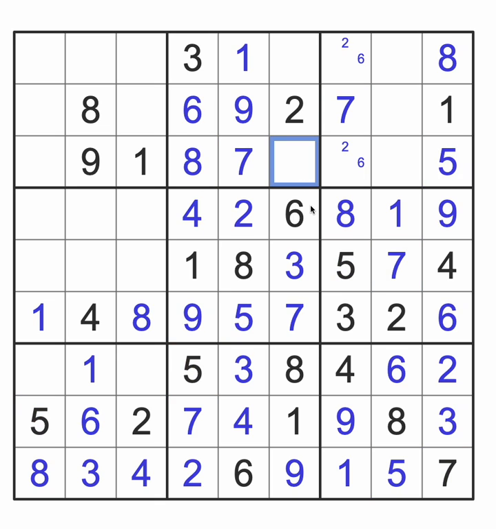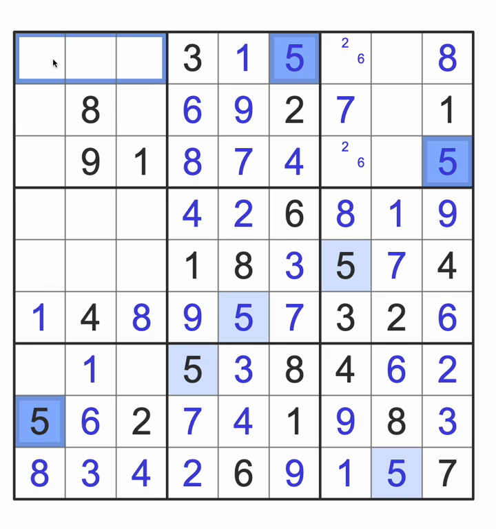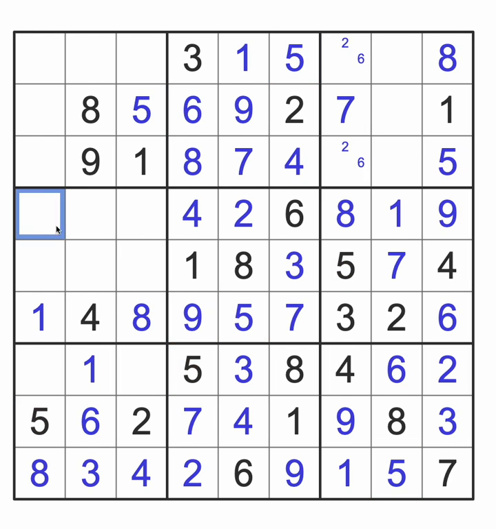And these are 4 and 5. And the 5 here makes this cell 4, and the 5s block these, gives me 5 here. 5 is missing from this row, so these 5s make this cell 5.